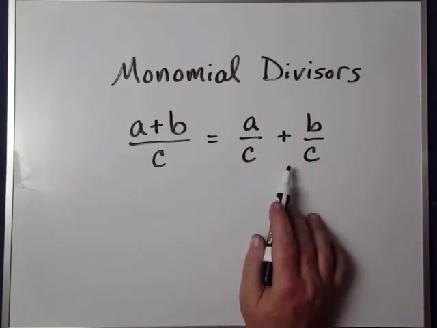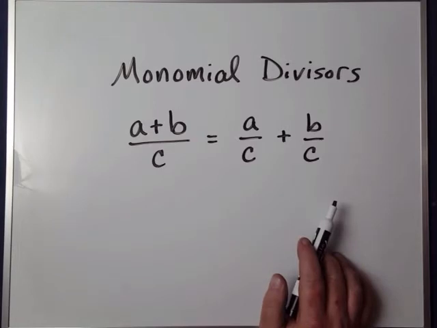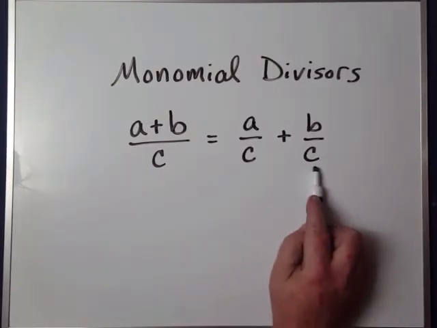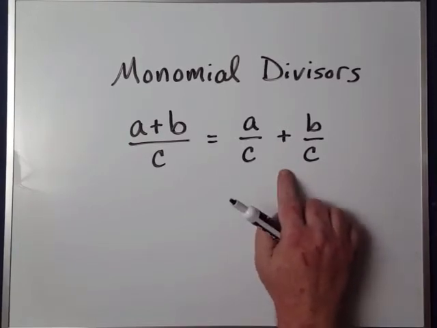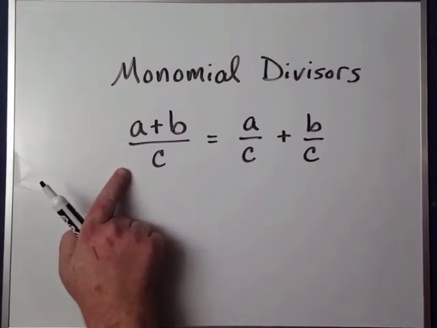This is our rule for adding fractions. It's just shown backwards. Here on the right hand side, if I have two fractions that have a common denominator, I can add them up by adding the numerators and writing that result over this common denominator.